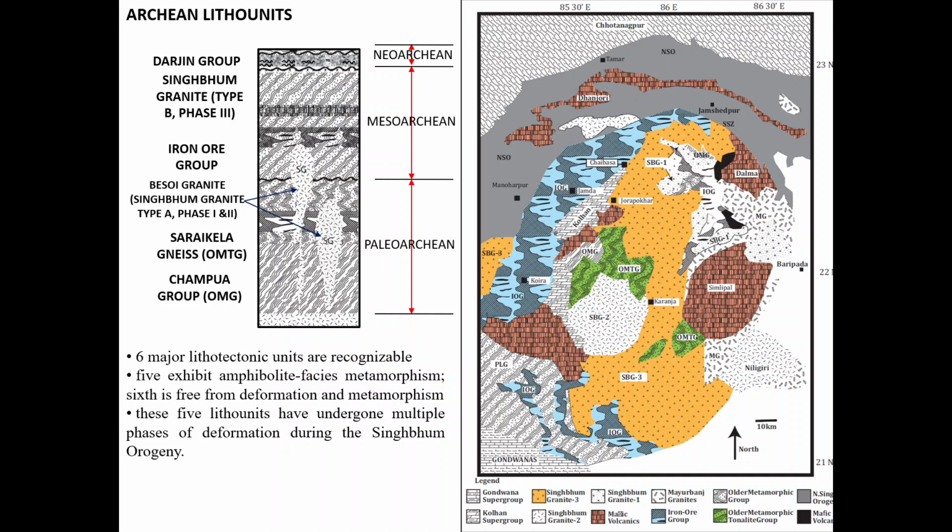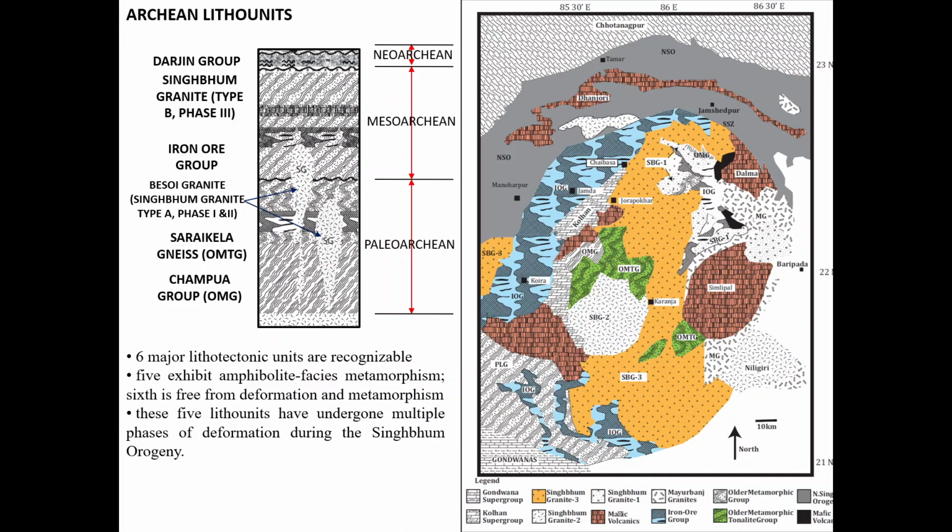So if we talk about the typical Archean litho units only, then there are six major litho units which are recognizable. Five of these, they exhibit amphibolite facies metamorphism. The top one, the Singhbhum group, it is the one which is free from deformation and free from metamorphism, and they are unmetamorphosed sequences.